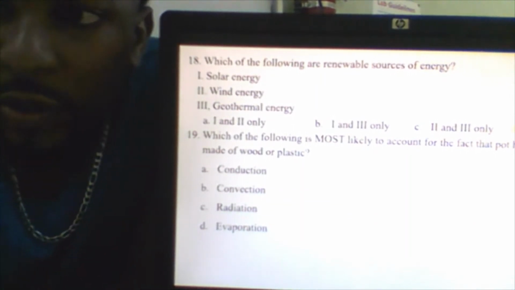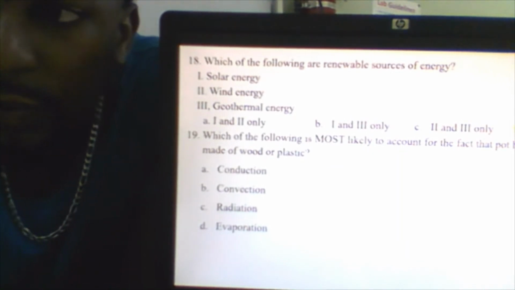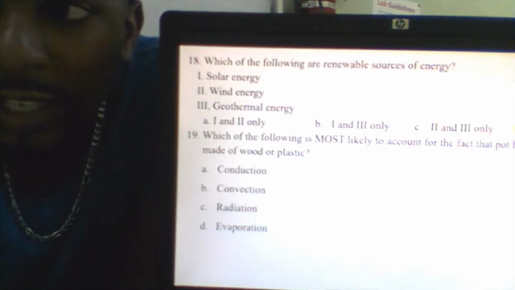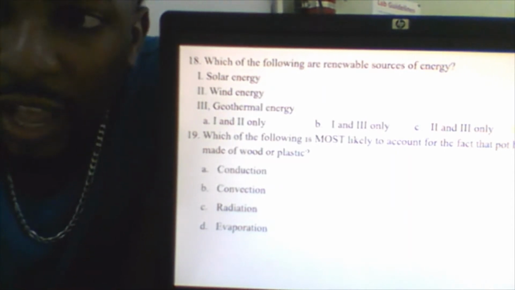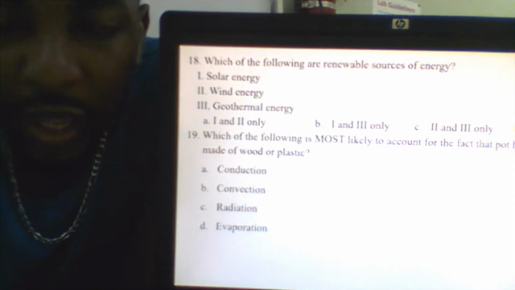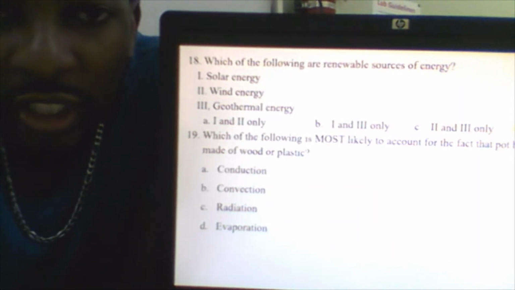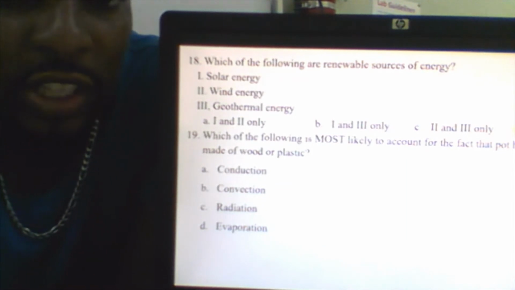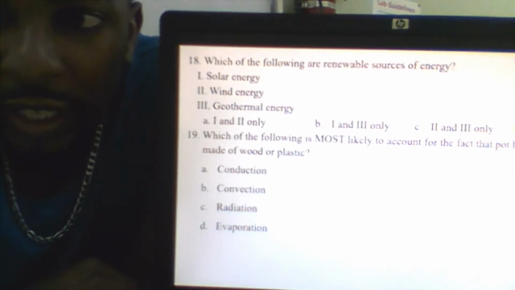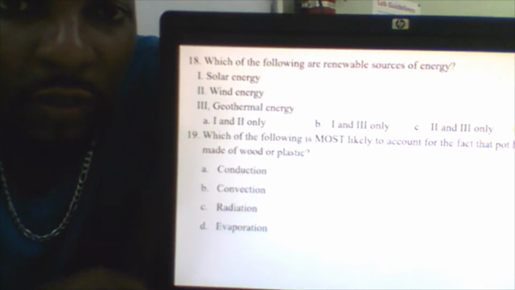19. Which of the following is most likely to account for the fact that pot handles are usually made of wood or plastic? So we have conduction, convection, radiation, evaporation. What you're going to notice is that conduction, convection, and radiation are actually the processes of heat transfer, right? Conduction is the transfer of heat in solid objects.